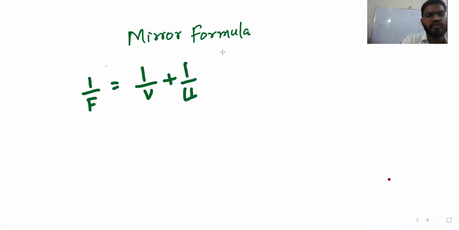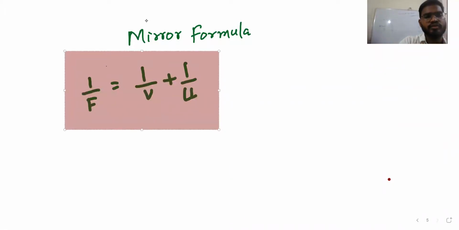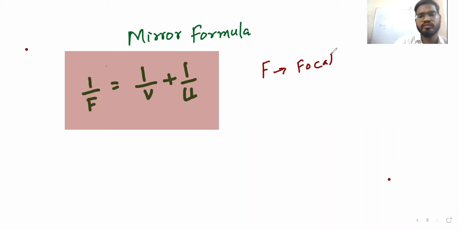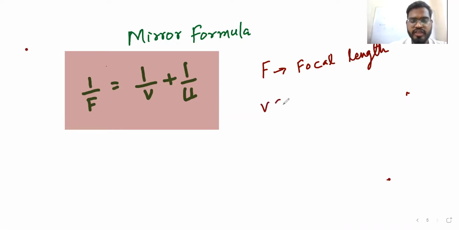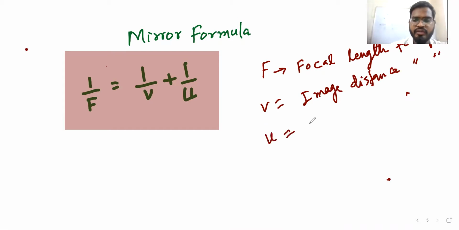Here f is the focal length, v is the image distance, and u is the object distance. Remember, all distances will be measured from the pole itself.